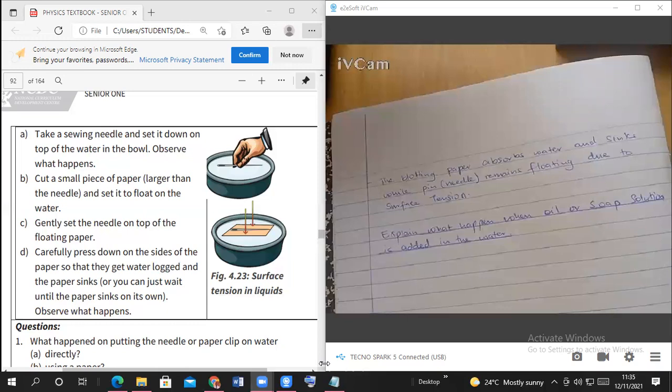What does it do to the surface tension? Decreases it. It decreases the surface tension, or we say it breaks the surface tension. So let us see this video and see.